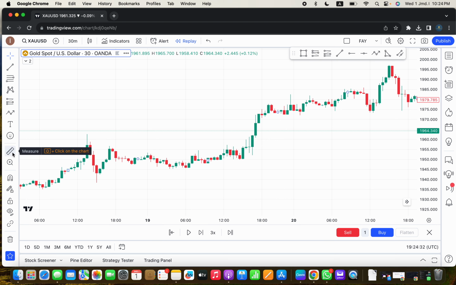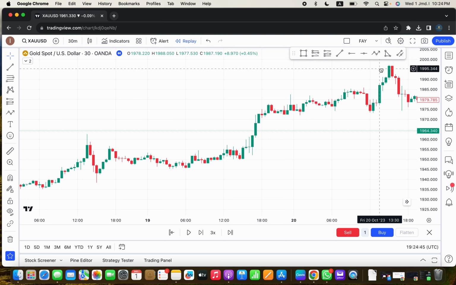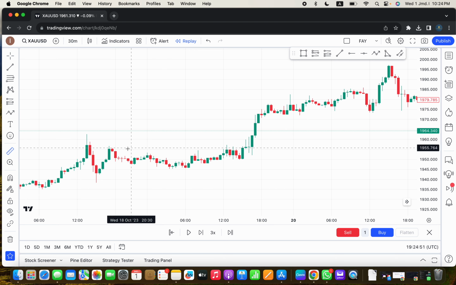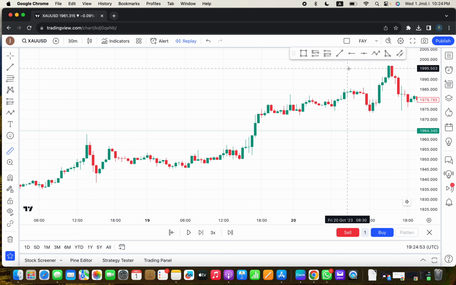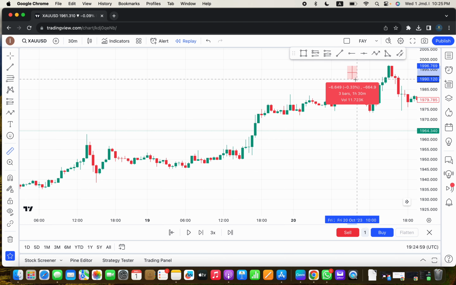Let's measure this for example. From here, I measure this. Sorry, let me pick my ruler again. Okay, so we are measuring from here down to this point.